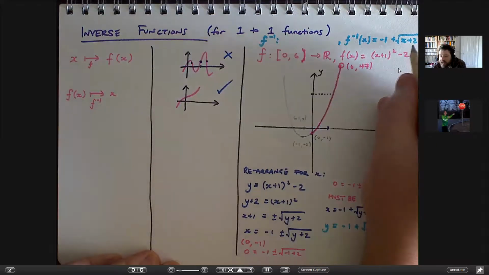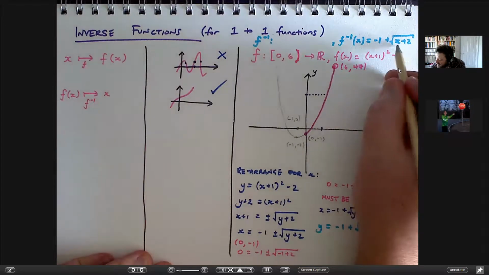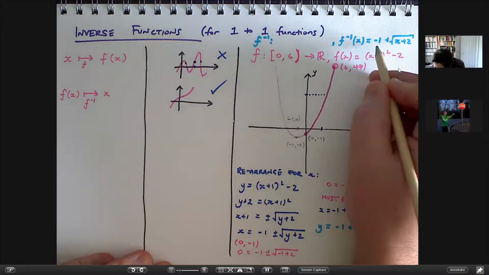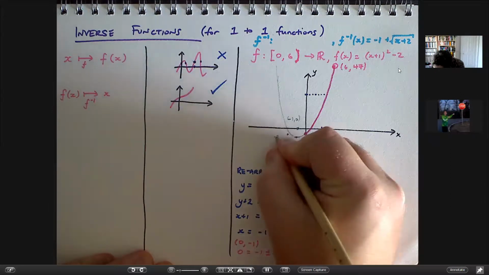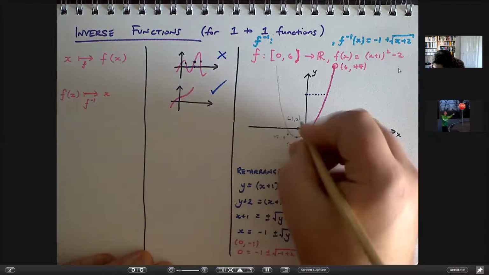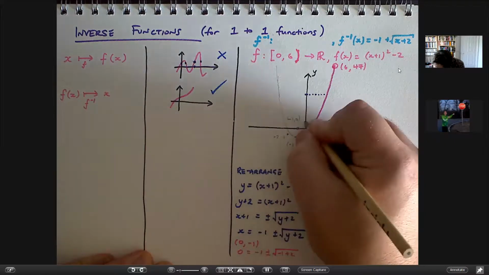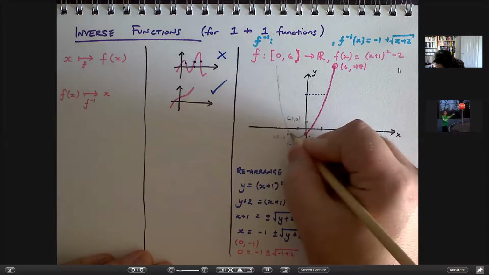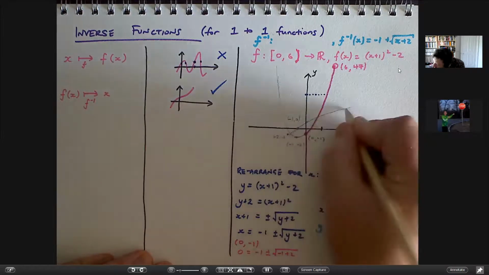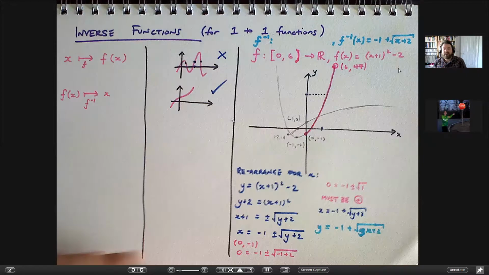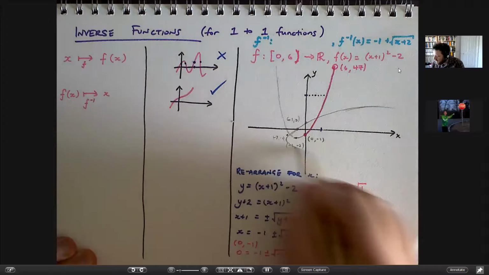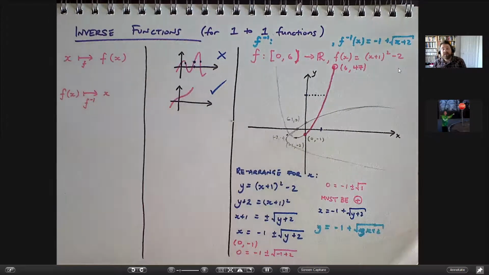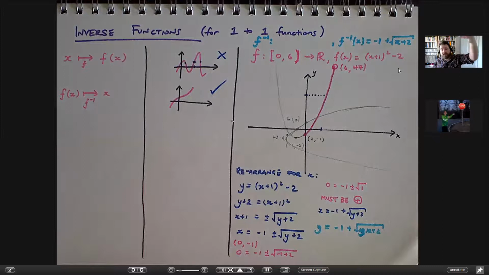It's going to have a sideways turning point at -2, -1, so that's going to be down here somewhere. It's going to pass through some unknown y-intercept, and it's going to have some general shape that looks like that, a sideways parabola. Of course, it would also go around this way if we were drawing it out in full, with the minus part as well as the plus.